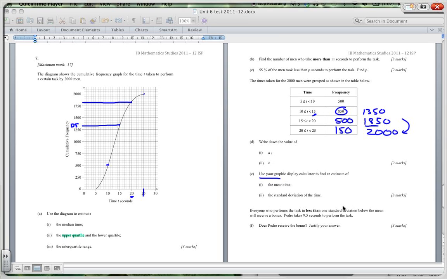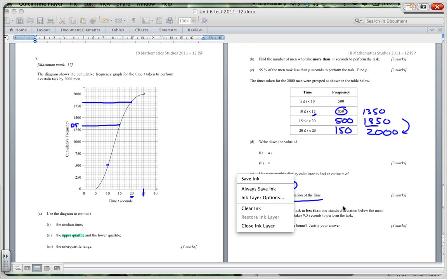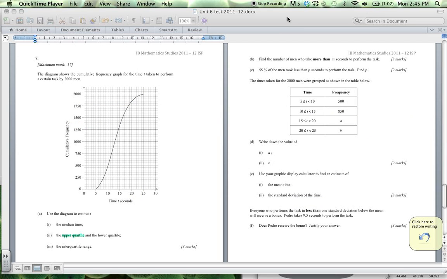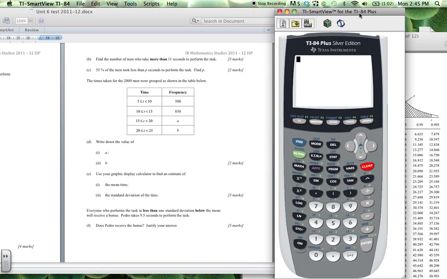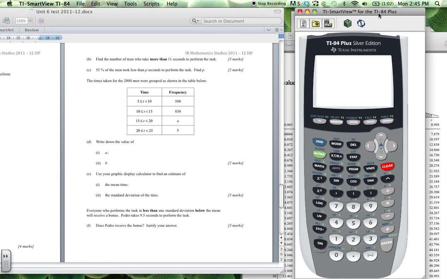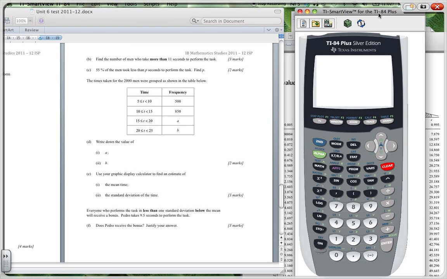Then it says use your graphic calculator display to find an estimate for the mean time and the standard deviation. So I get my graphics calculator. I'm going to put these values in. We would put in halfway values in between, which is 7.5.